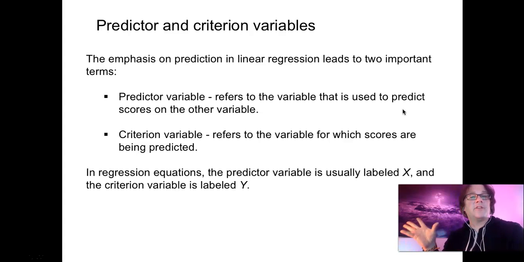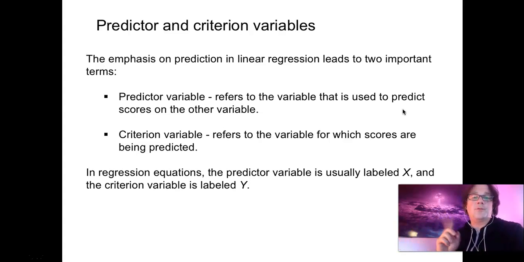So we're using predictor variables. If we're doing multiple regression, we're using multiple predictors, but we'll start off simple with just one predictor variable that is trying to predict the criterion variable.